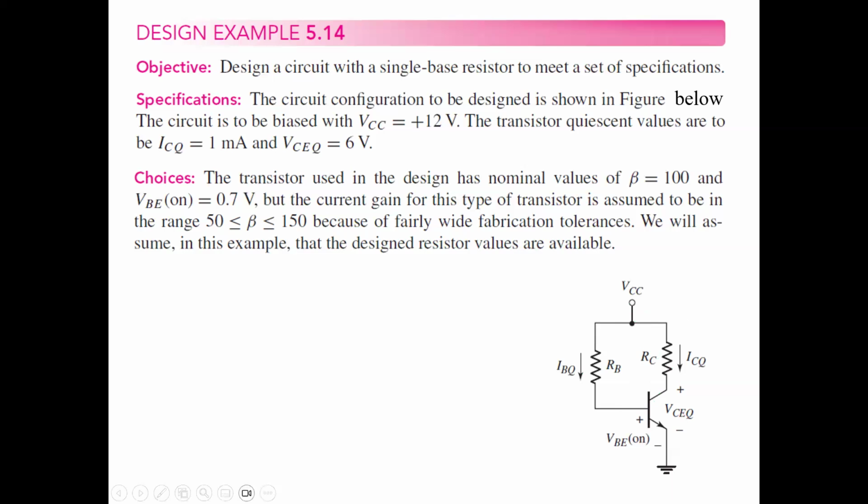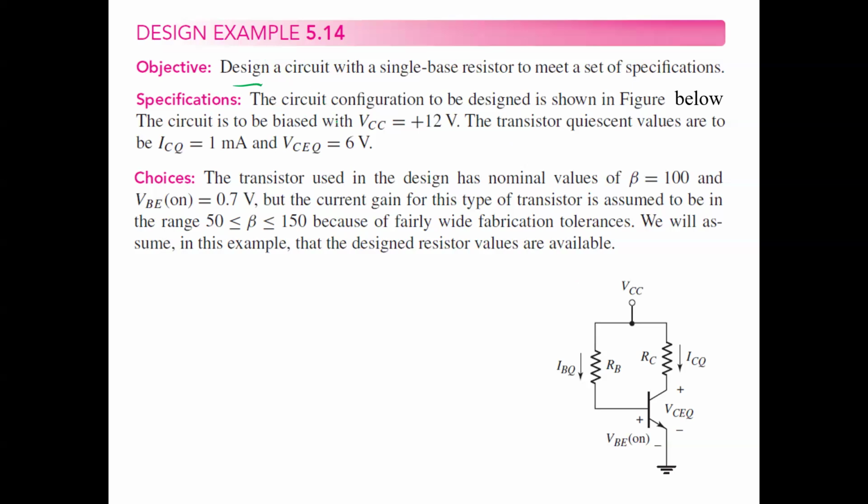Now, we need to make this analysis in order to achieve a certain Q point. The objective here is to design the circuit. Design means calculate. If I say design in any question, this means getting the value of resistors. What resistors should we have in this circuit?